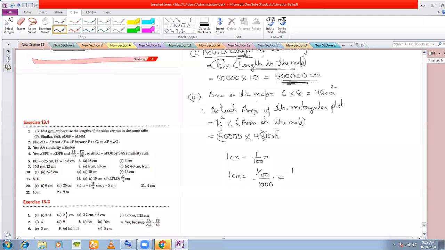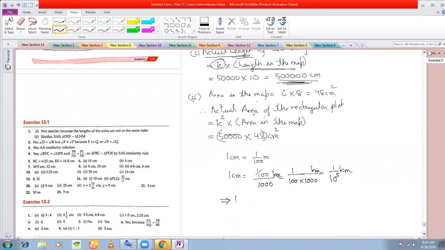So you get 1 by 100 into 1000, which is 1 by 10 to the power of 5 kilometers. So 1 centimeter is 1 by 10 to the power of 5 kilometers.